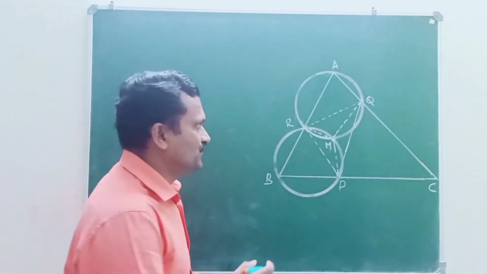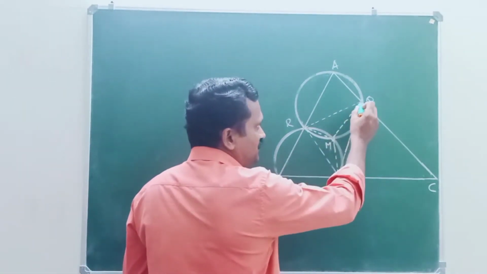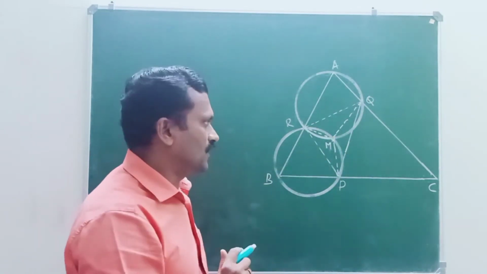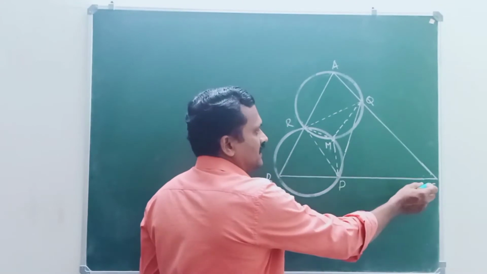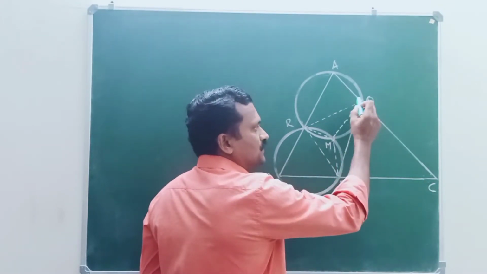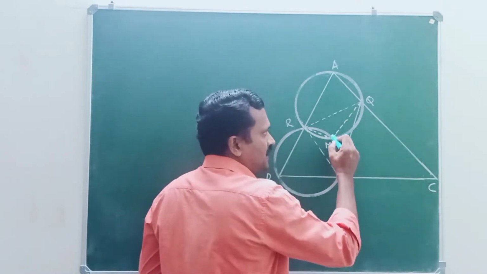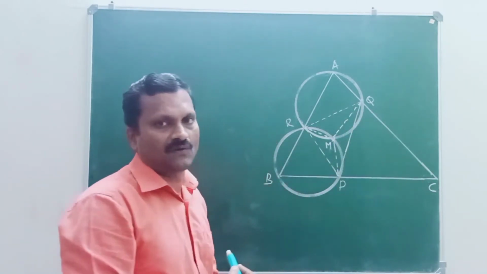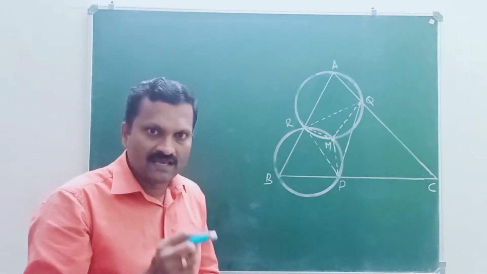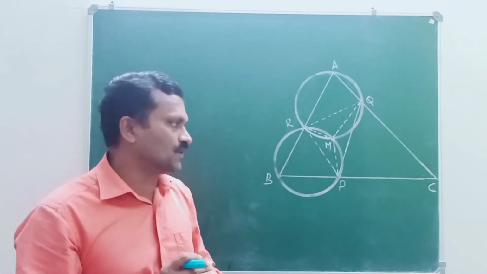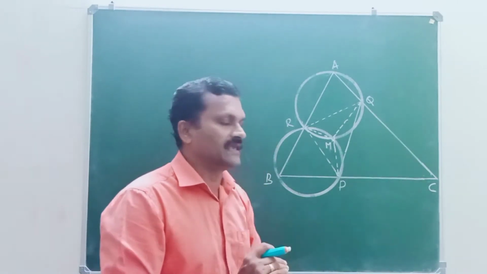For this, first we join M to Q, P and R. Now we get a quadrilateral CPMQ. We have to prove this quadrilateral CPMQ is a cyclic quadrilateral. That is, it is enough to show that the opposite angles of this quadrilateral are supplementary.